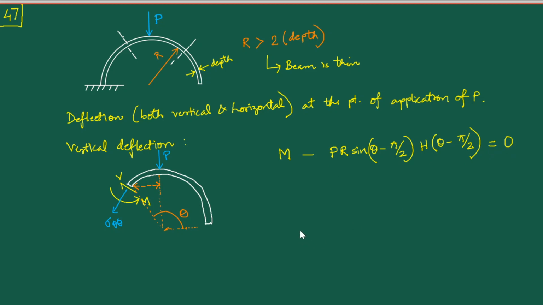So all that we have to do for finding out the vertical deflection, I write delta with a subscript v to denote the vertical deflection. That will be equal to integration 0 to pi, and even before I write this, it should be a little bit more systematic.